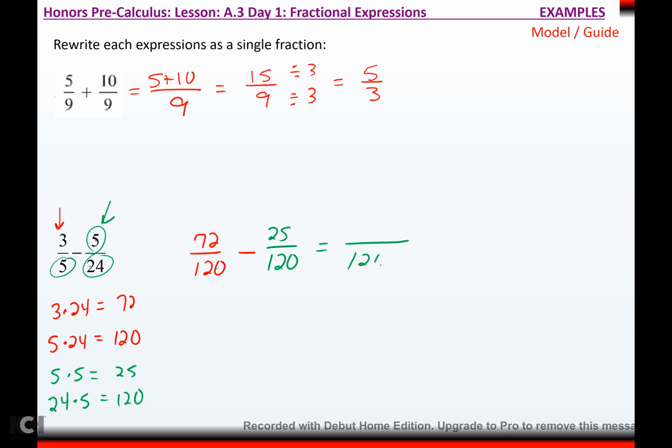So I keep the 120 and I do 72 minus 25 on top, and I get 47 over 120. And you could try and reduce, but I'm pretty sure 47 is prime.